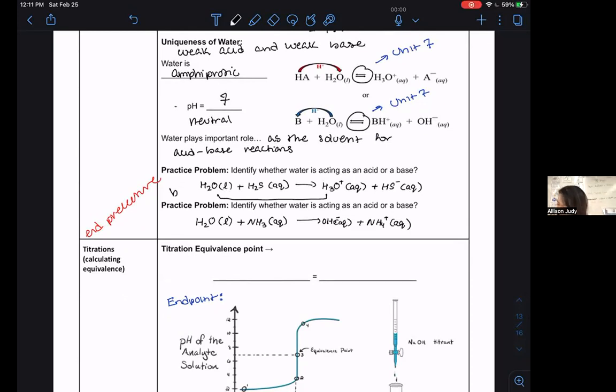So we would say here that water is originally acting as a base and creating a conjugate acid. As far as the second one goes, though, we see water here with its conjugate pair. It starts with an extra H and it ends with one less H. So we would say that in this situation, water is acting as the relative weak acid.